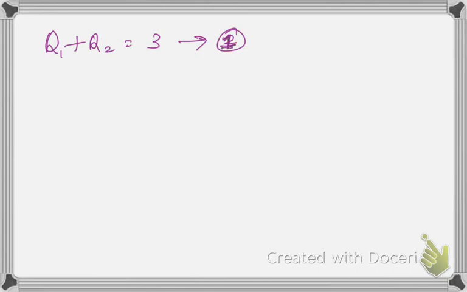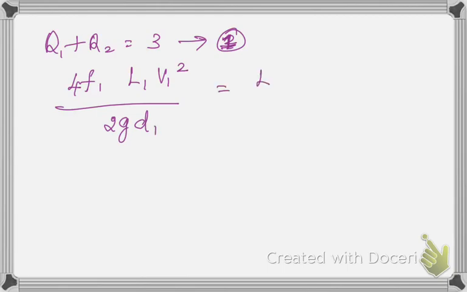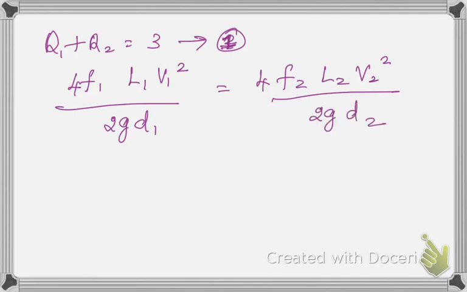And we also know that head loss is going to be the same for parallel pipes, which means 4 F1 L1 V1 squared by 2 g D1 will be equal to 4 F2 L2 V2 squared by 2 g D2.